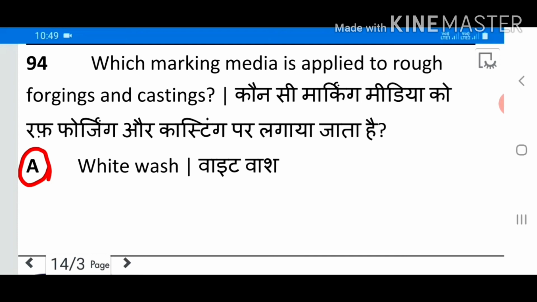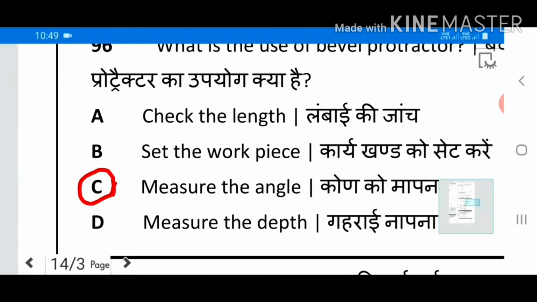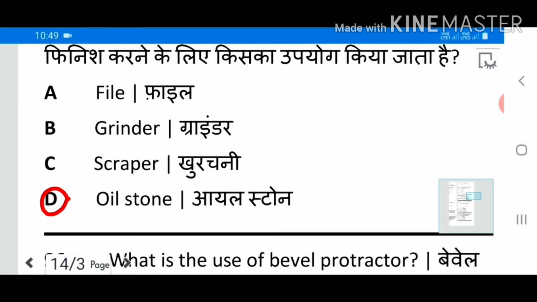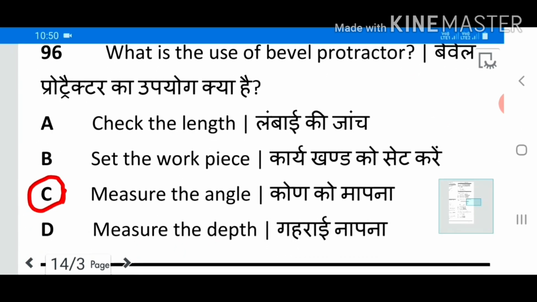Answer A. Whitewash. 95. Which is used to finish the resharpened divider point? Answer D. Aylstone. 96. What is the use of bevel protector? Answer C. Measure the angle.